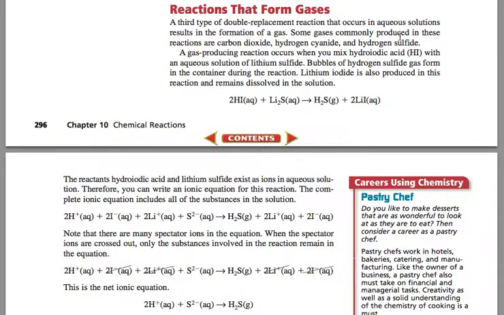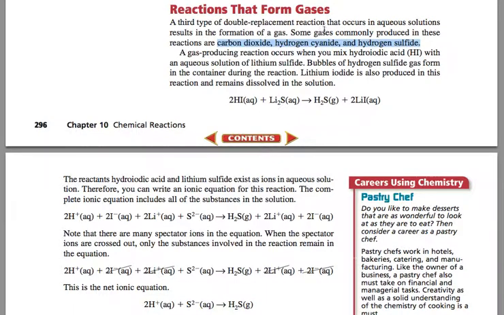Some gases commonly produced in these reactions are carbon dioxide, hydrogen cyanide, and hydrogen sulfide. I would be paying attention to these. You're looking for the opportunity to see these gases in ionic reactions, okay? So pay attention. Carbon dioxide, hydrogen cyanide, and hydrogen sulfide.